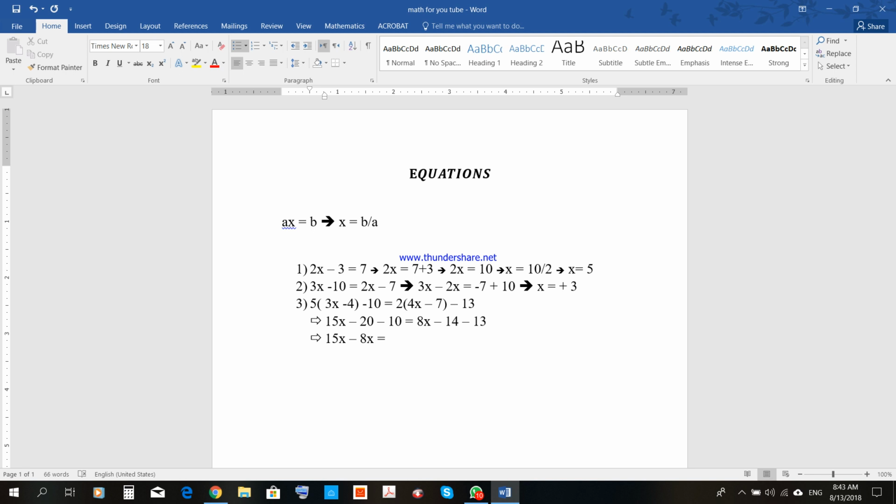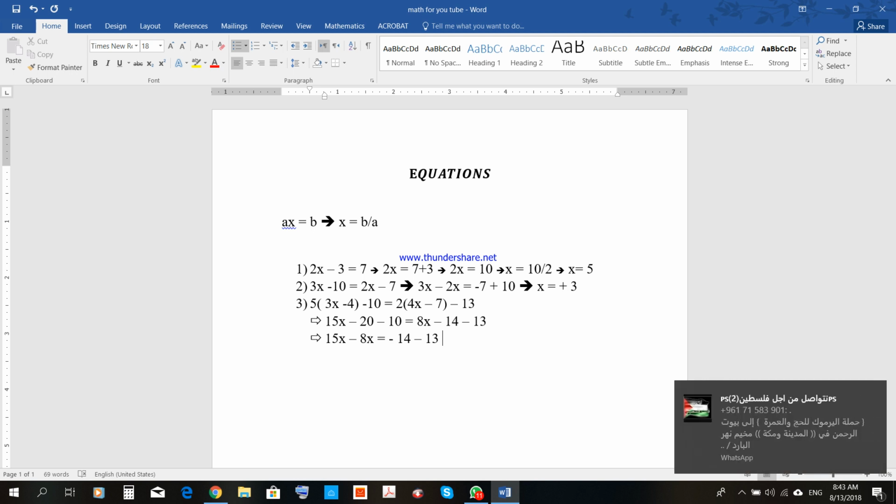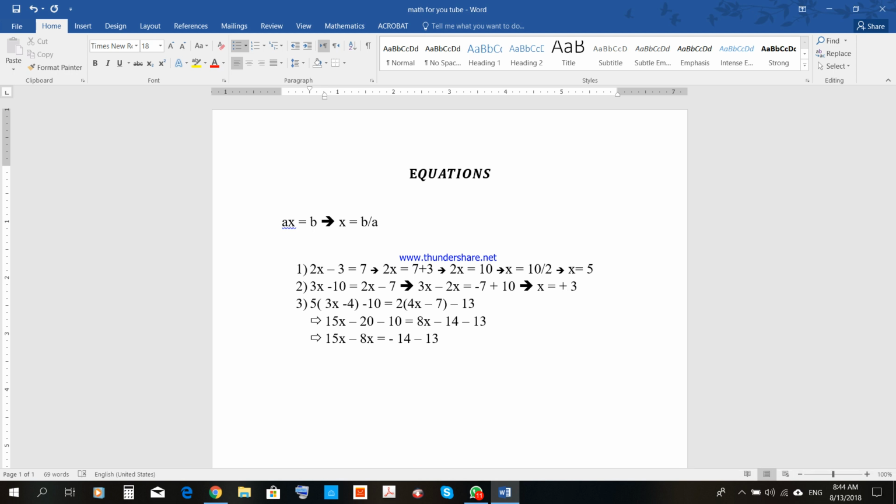Now at the right side we have minus 14 minus 13, and we will take minus 20 minus 10 to the right side. We change their signs, it becomes plus 20 plus 10.